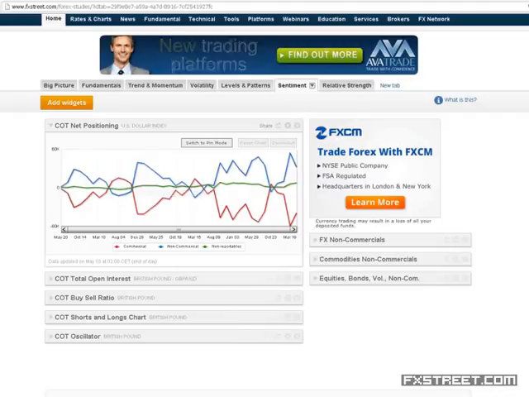We see here the different colors: red for commercial, blue for non-commercial, and green for the small traders or non-reportables. Okay. So as for the commercials, the hedgers we're speaking, this is the red one, and we are currently looking here at the dollar index.